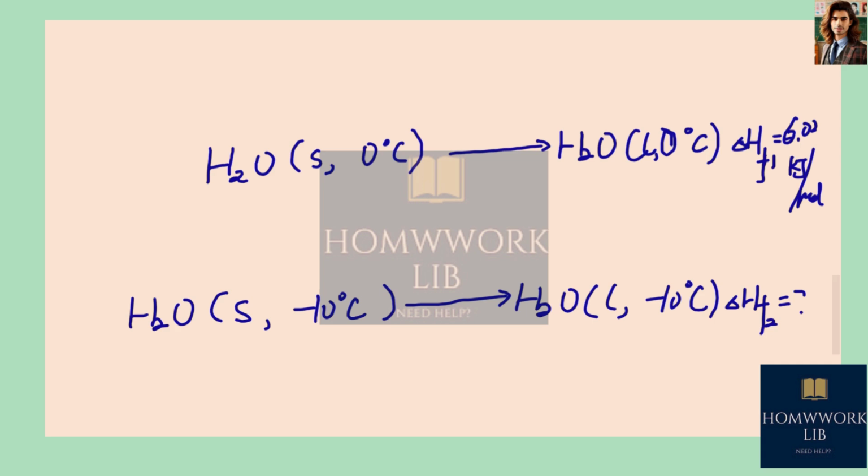How can we do that? You can see for both states, the solid phase decreased in temperature, and the liquid phase also decreased in temperature. So we can make two artificial equations. Let's write these down as equation 1 and equation 2.